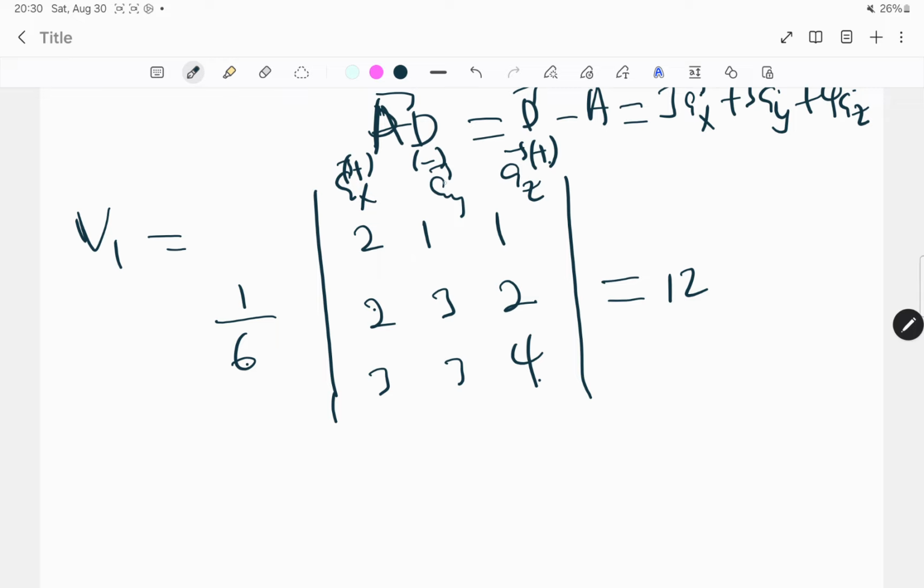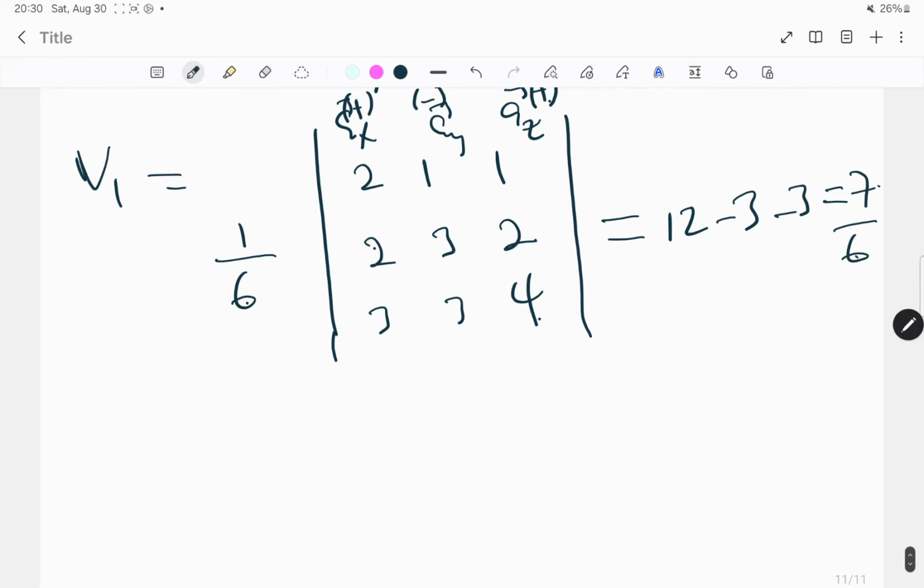When you cancel the second column, first line, you get minus 3. This one you get minus 3 as well. So we end up getting 7. That is the determinant of the matrix. We get 7. Remember, over what? 6. So this is going to be equal to 7 over 6 cubic units.